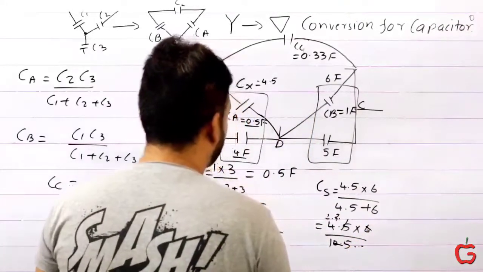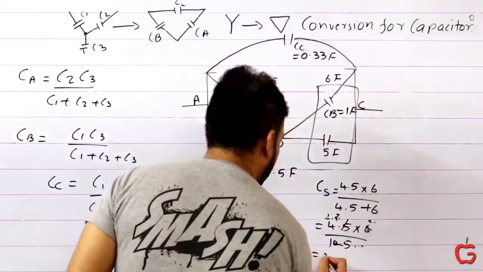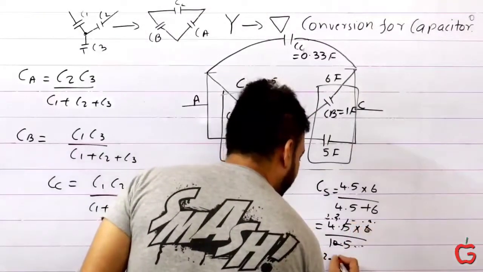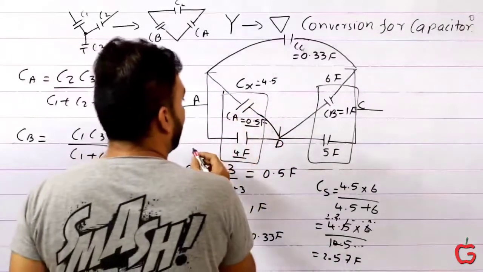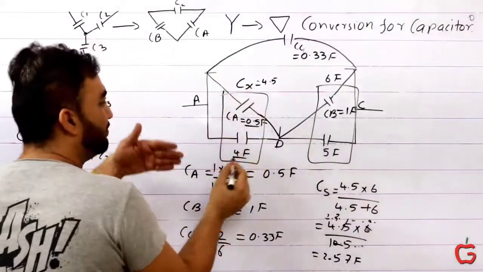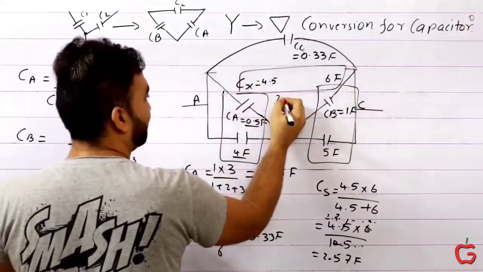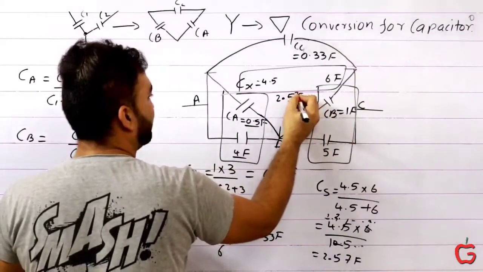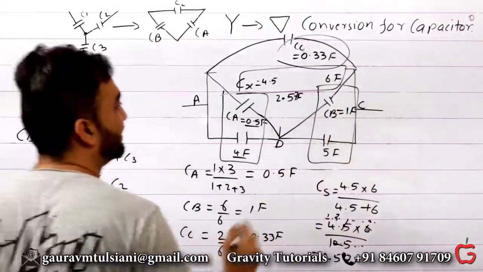So 5. So this becomes 2.57. So we have a lower branch, this is 2.57 farad, and an upper branch, that is 0.33 farad.